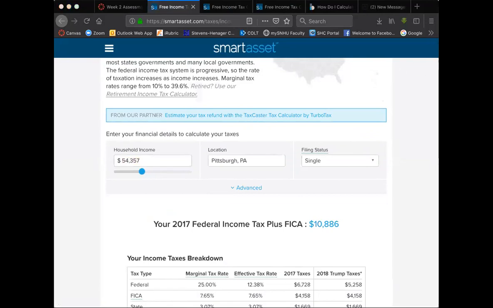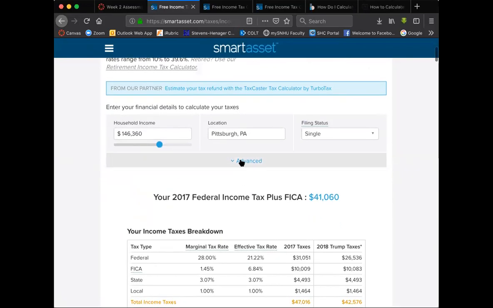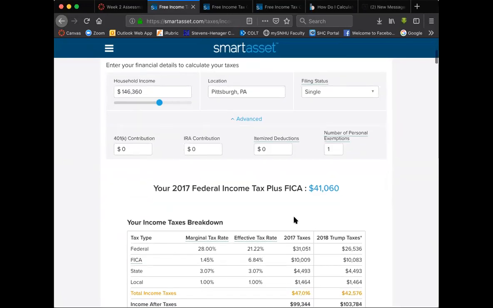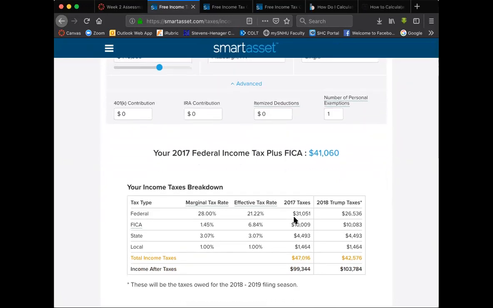So if I'm putting in that household income that was down below, 146,360. Which would be nice, right? It's kind of giving me my roundabout federal income tax for 2017.